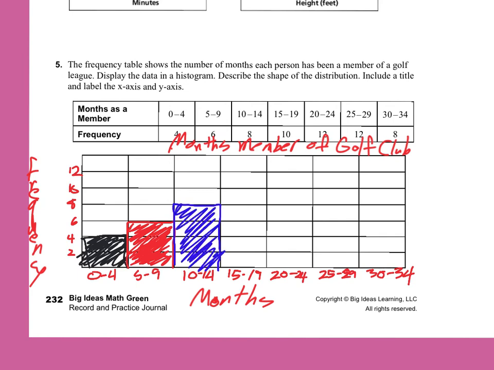And then we got 15 to 19 that we are going to 10. So we'll go all the way up to 10 there and shade it in. And then we've got the 20 to 24. We've got 12. So we've got to go all the way up to the top, up to 12.